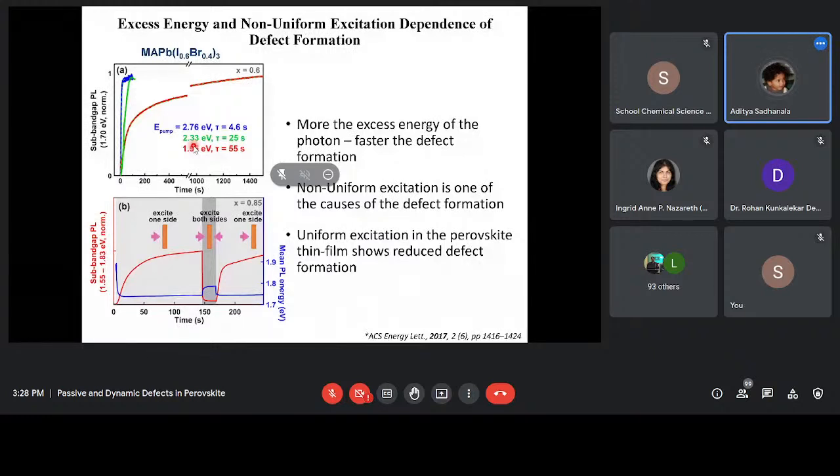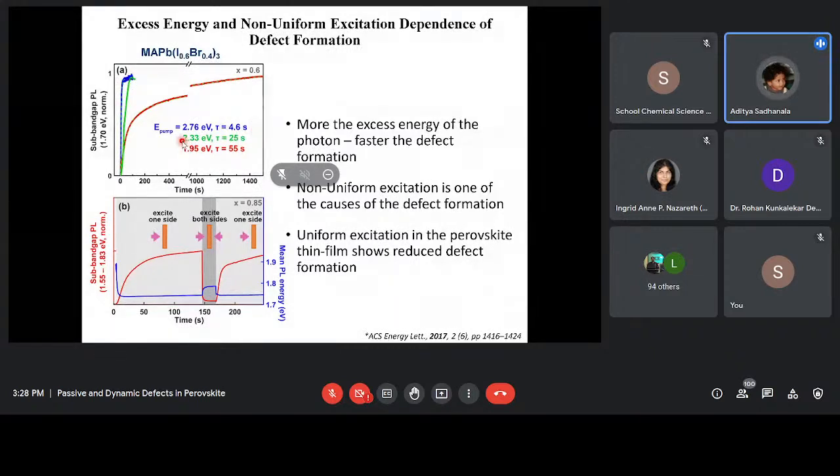What happens is, this increase in the PL from the low energy state and its saturation happens at a different pace for different excitations. This time is shown here. So if you excite very high above the band gap with a high energy laser, you see that the PL increase at the defect and saturation happens very fast, in 4.6 seconds.